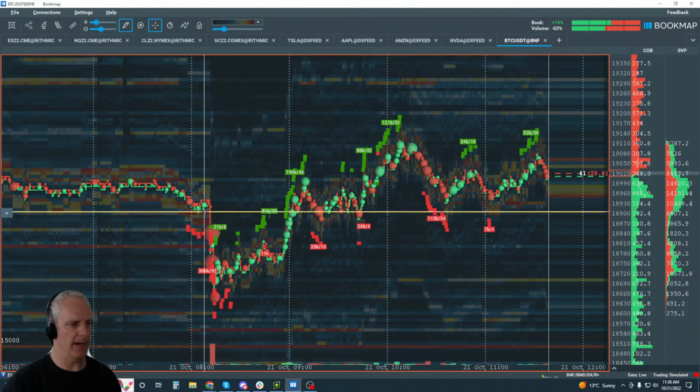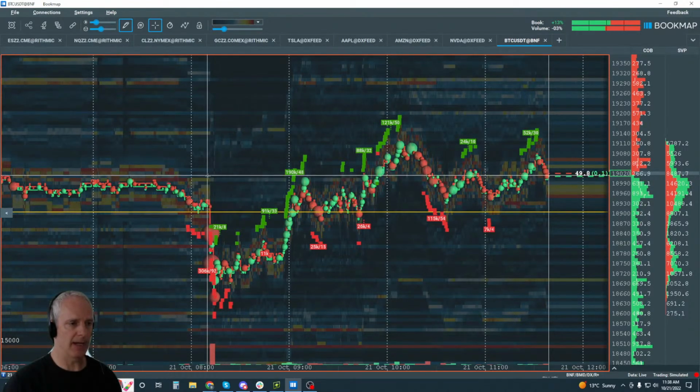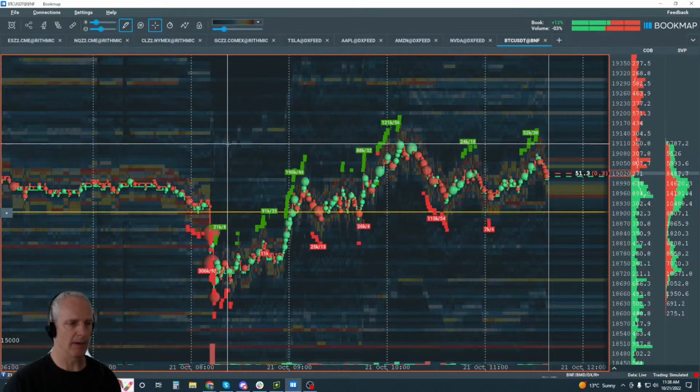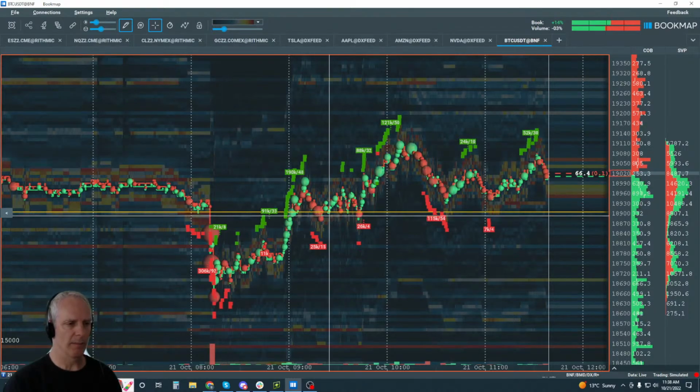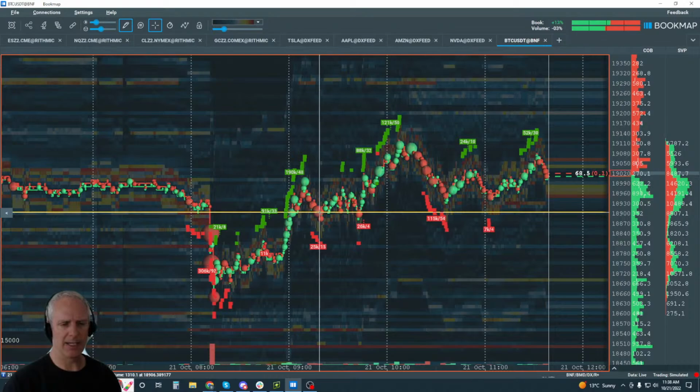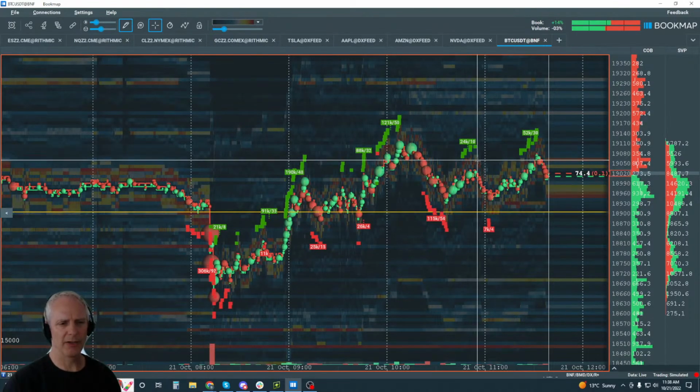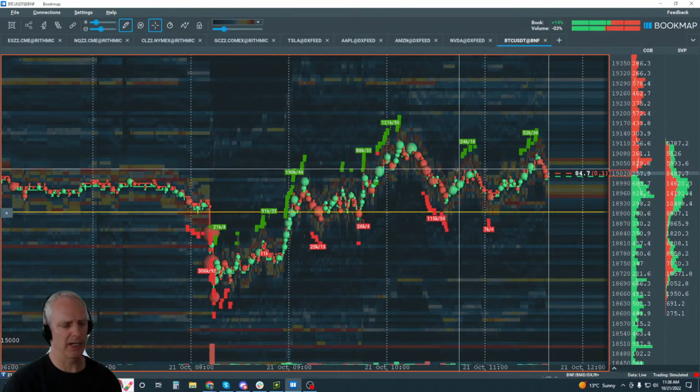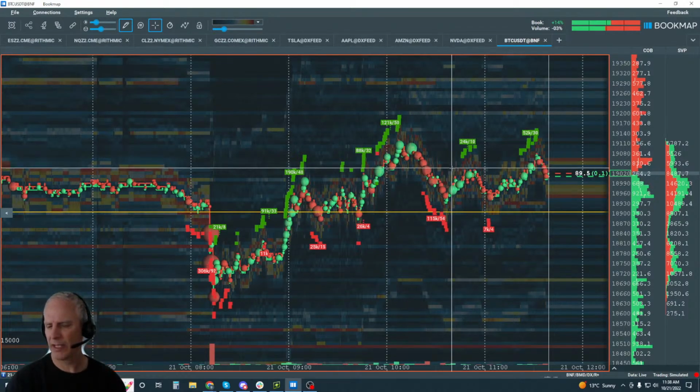Look for them to trade right back to it here, and then maybe they can get back up above it and get some buying back up into these areas here. So our pivot line is here at 18,900, and it traded up into and through 19,000.